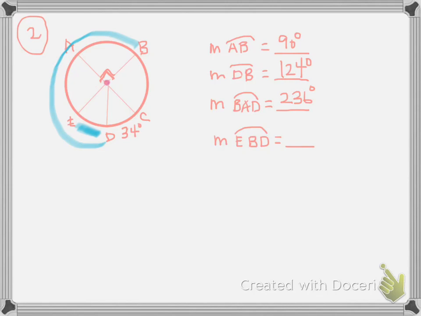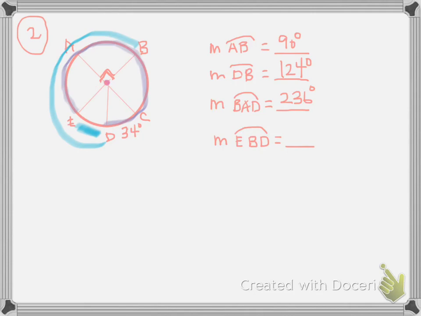The next one I want to find is EBD, and I'm going to try another color. There we go, highlighter here. So EBD means I'm going to be going this way, EBD, and stop there.